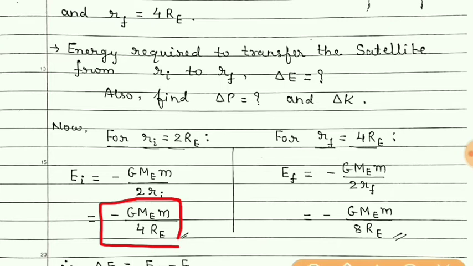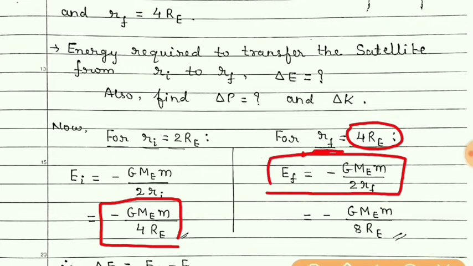Now, when the satellite is in its final orbit, that is Rf is equal to 4 times Re, once again using the formula for the total energy of the satellite, where the distance is now twice of Rf. This Rf is known to us, it is 4 times Re.